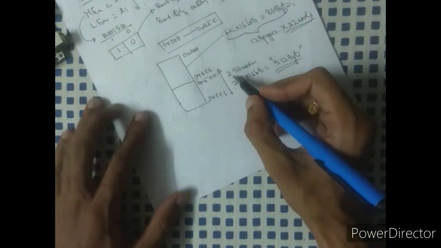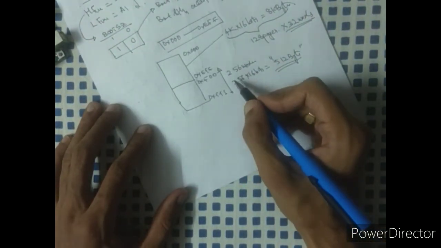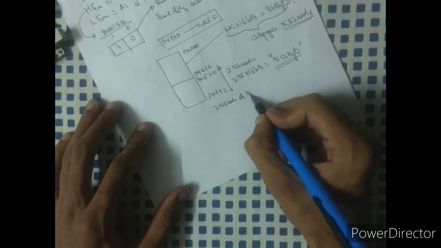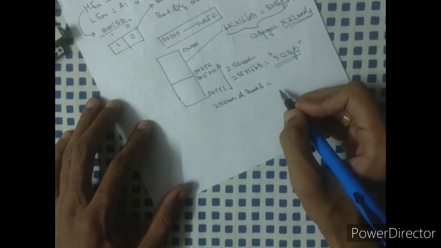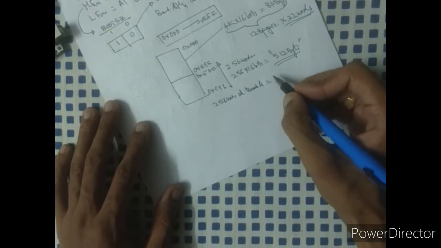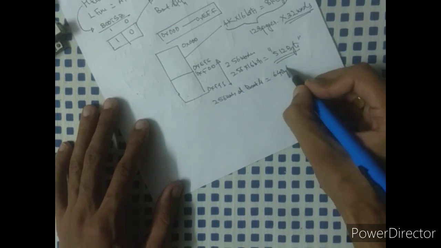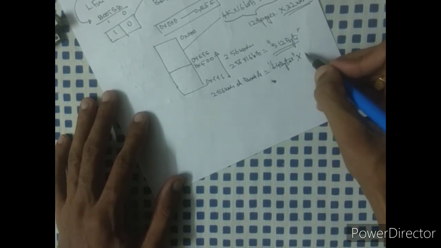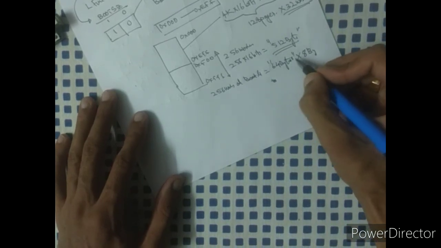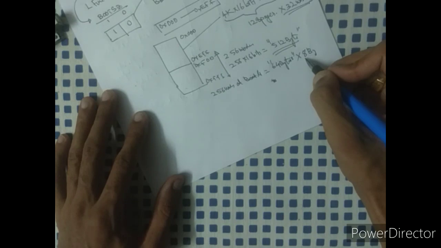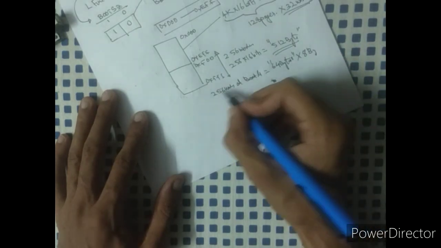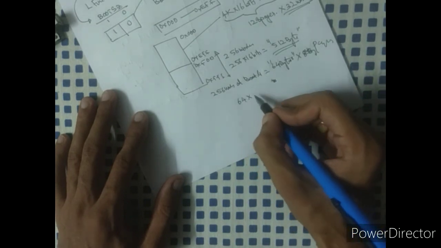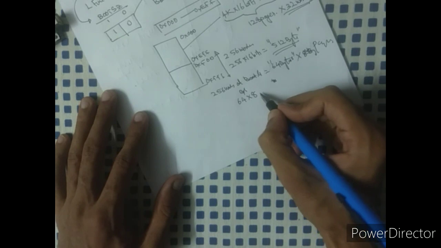So from here we can get that the 256 words of bootloader will have 64 bytes of data per page, so 64 bytes into 8 pages.